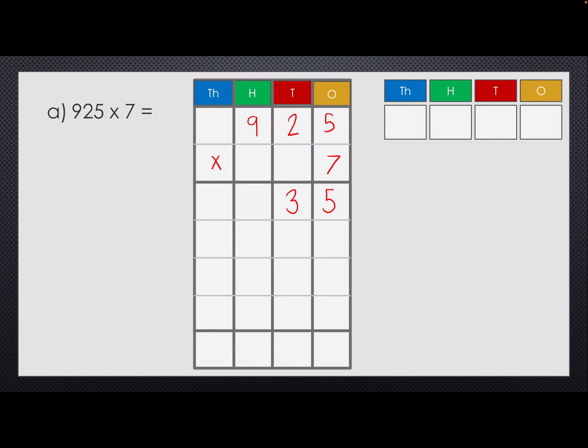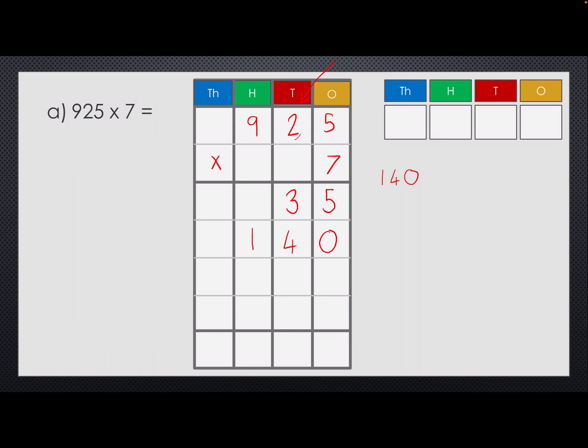Now the next one, 2 times 7 is 14, but this isn't a 2. This is a 20. Even though this time we haven't written it out as 20, and that's why before I made you do it, we need to still remember that this is a 20. So our answer isn't 2 times 7 is 14, it's 20 times 7 is 140.